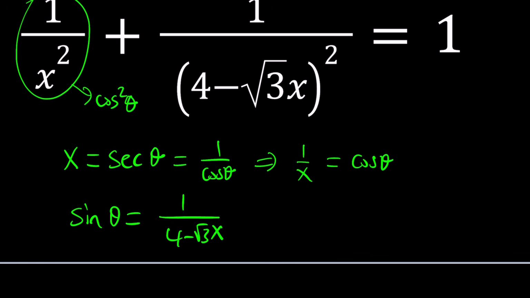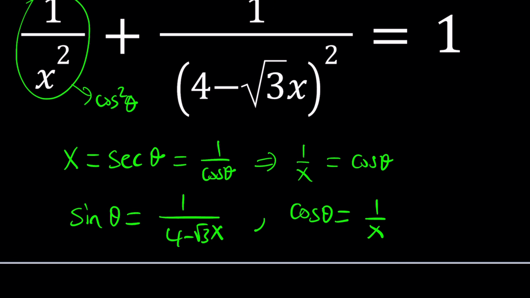Make sense? So here's what we have so far. Since x is 1 over cosine theta, cosine theta is going to be 1 over x, and sine theta is going to be 1 over (4 minus the square root of 3) times x.